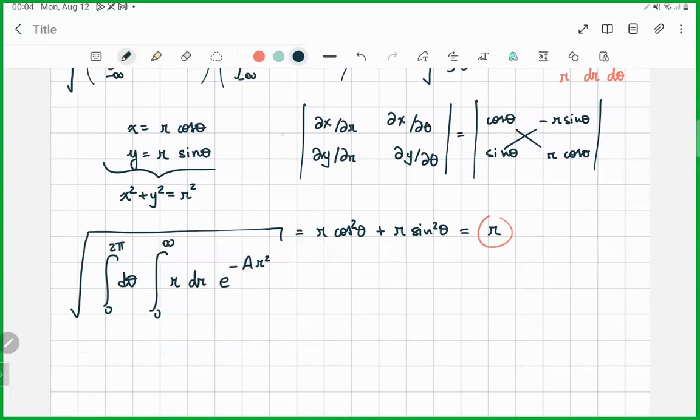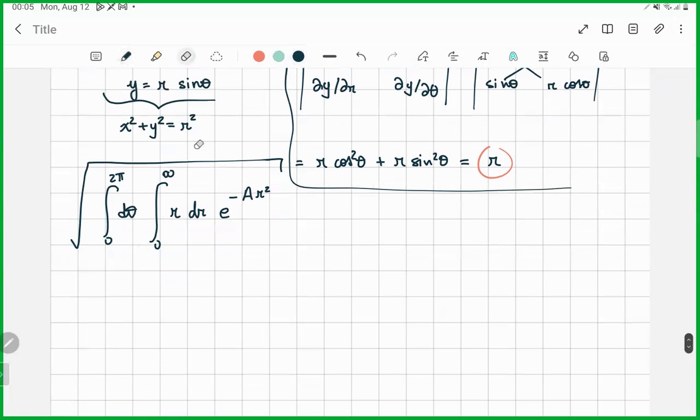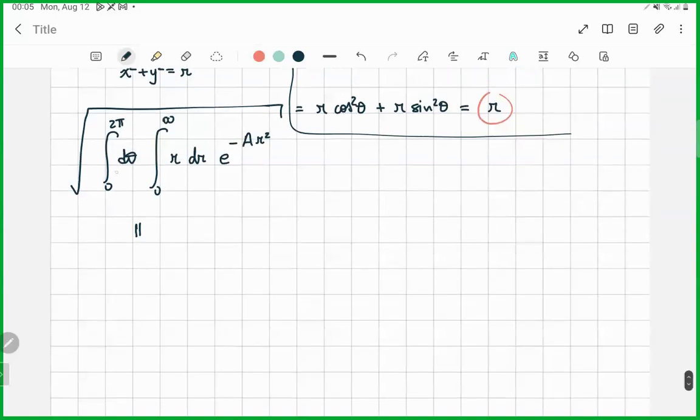So this is now what we have to solve. Let's continue. The first integral is very simple. It's just 2 pi. Let me put this 2 pi here. Now, what are we going to do with the other integral? We are going to do a change of variables.